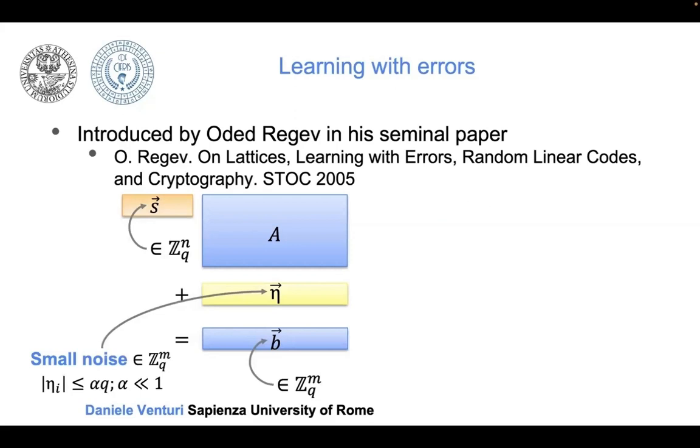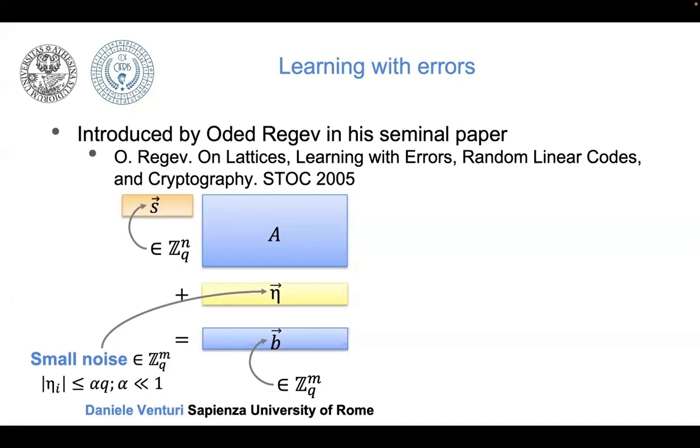So yeah, the noise should be small, okay? Which means the only assumption that we're going to make on the noise is that if you look at each individual entry in the vector, the absolute value of this entry is much smaller when compared to Q. Q is the modulus, okay? So it is at most alpha Q, where alpha is a small constant.